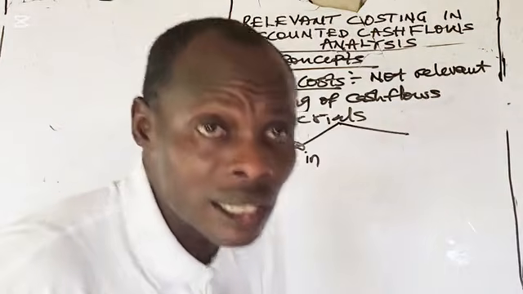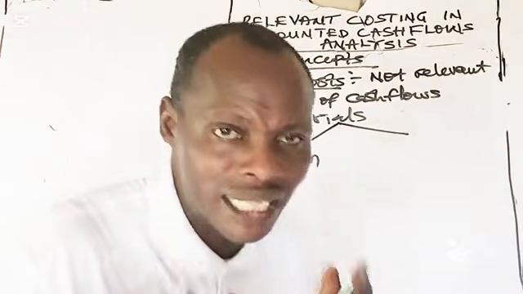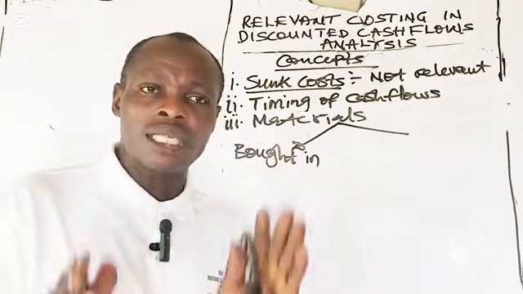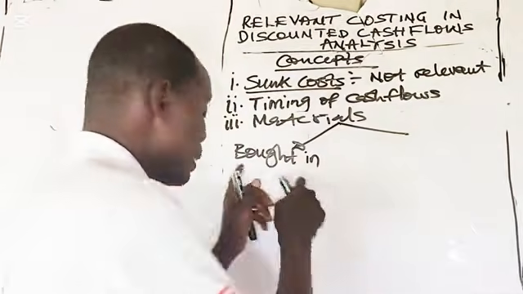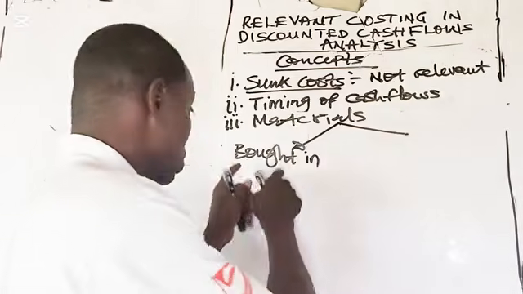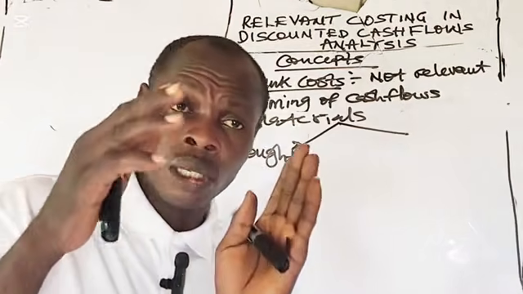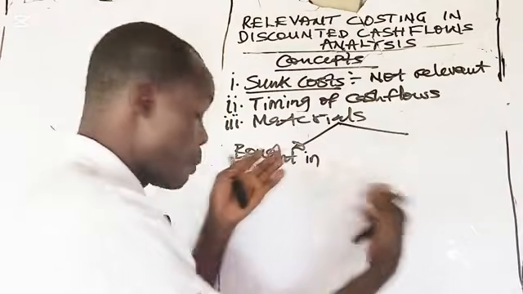Bought-in materials are the materials that are bought specifically for the project. It means if that project is not to be undertaken, these materials will not be bought. But if you want to undertake that project, then you will need those materials, so you have to buy them.